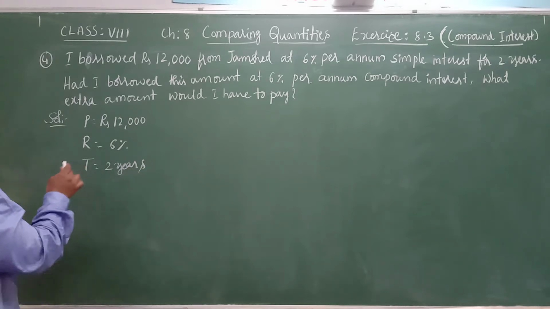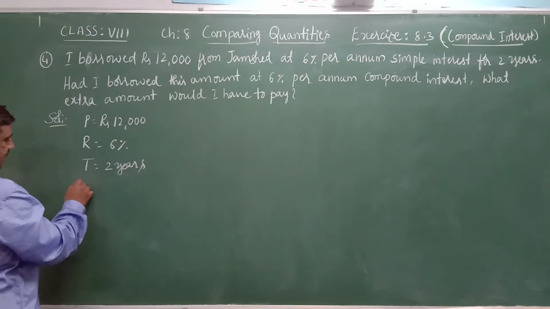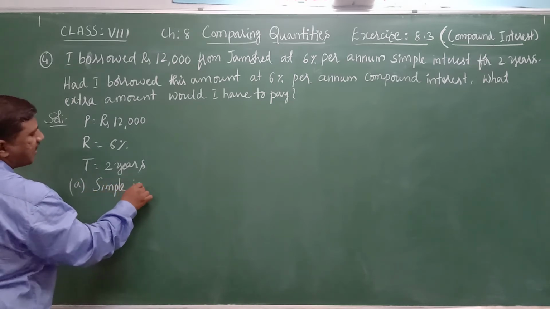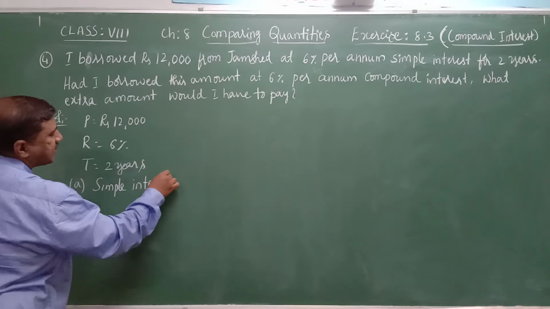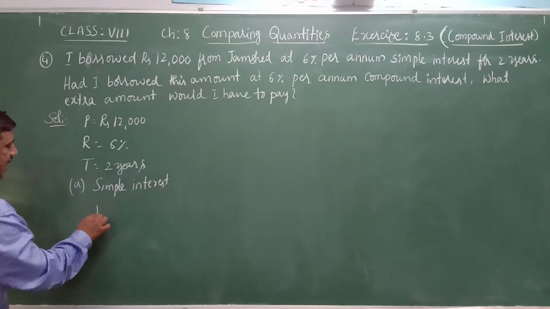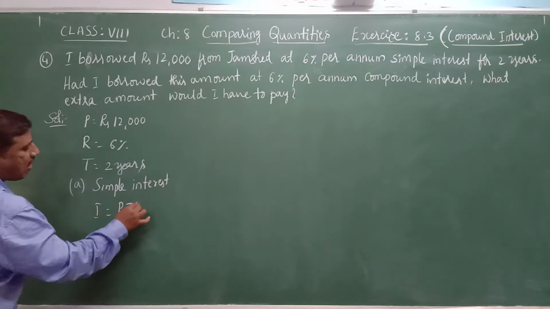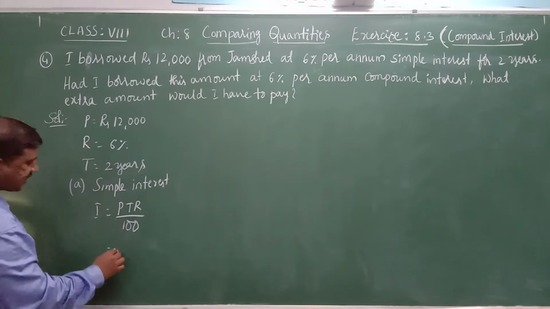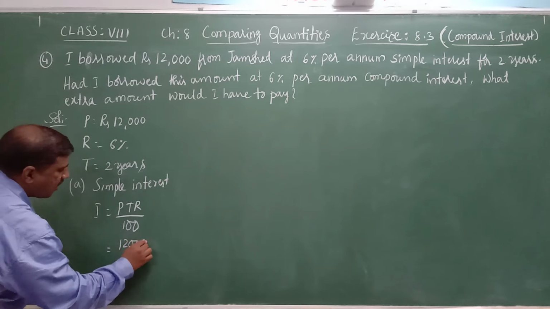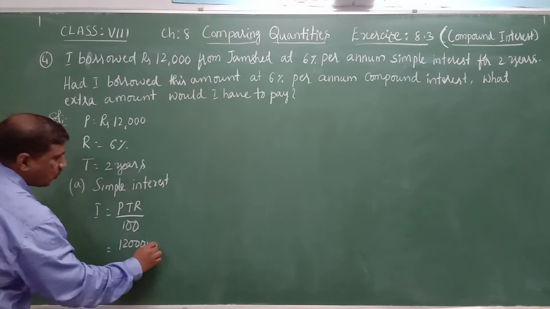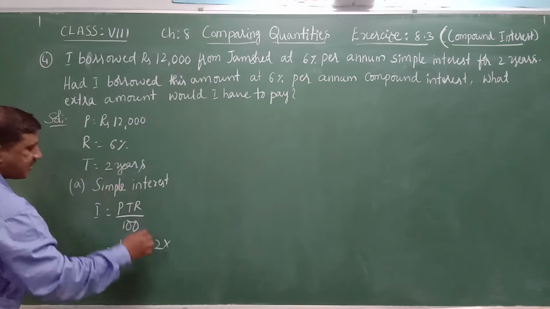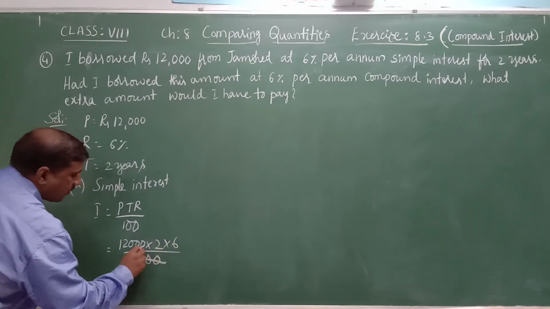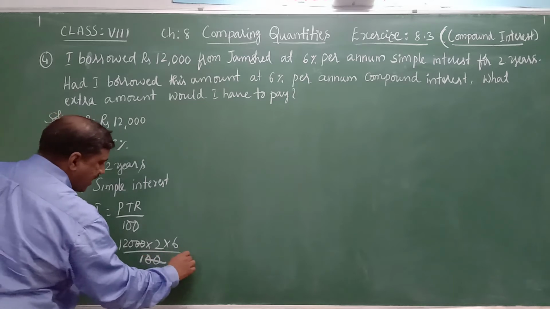So first find simple interest. What is the formula for simple interest? I is equal to PTR by 100. Now substitute in this: P is equal to 12,000 into time 2 years into rate of interest 6% divided by 100. So cancel both, 2 zeros and 2 zeros are cancelled.